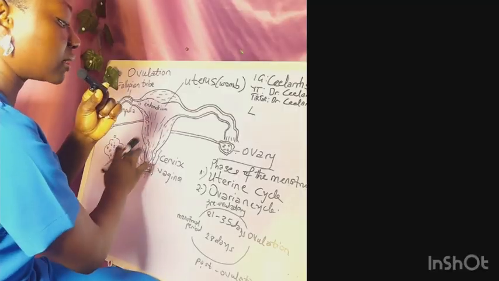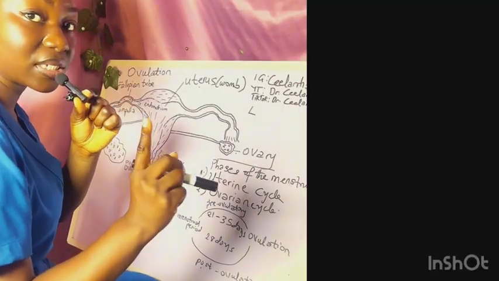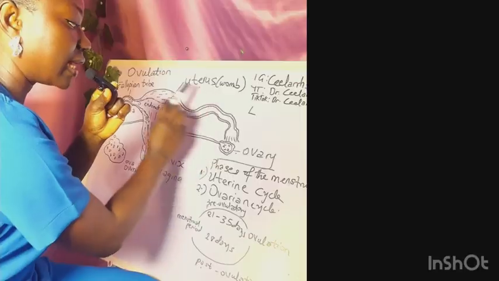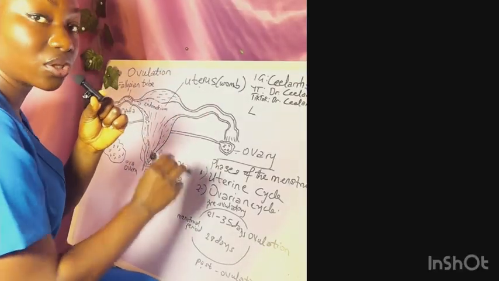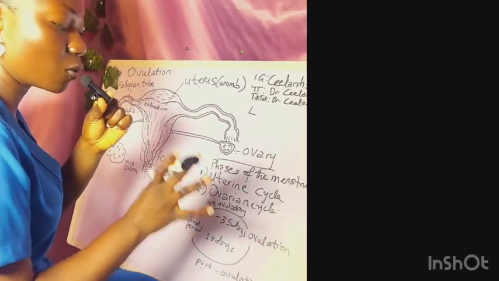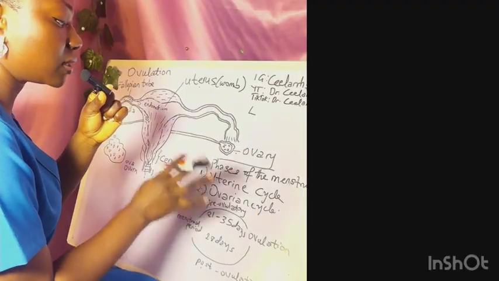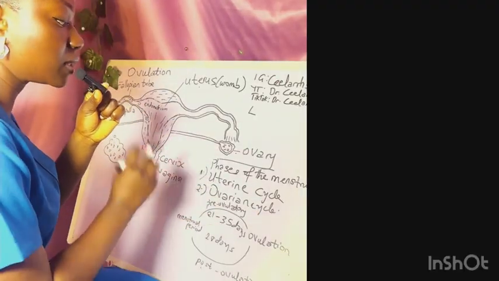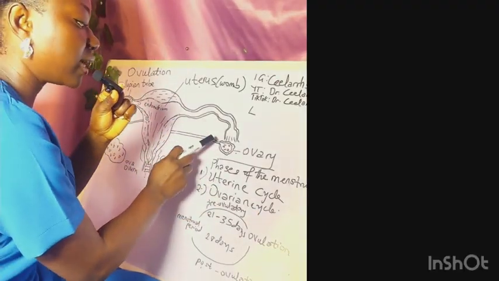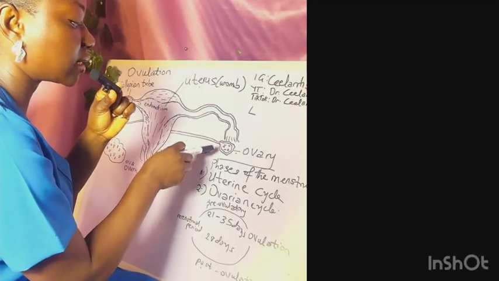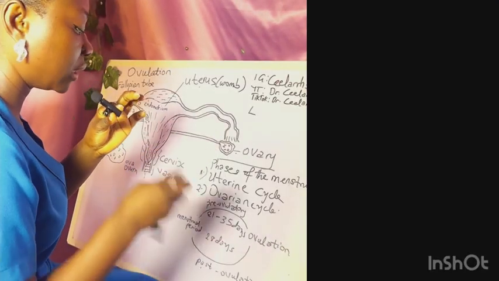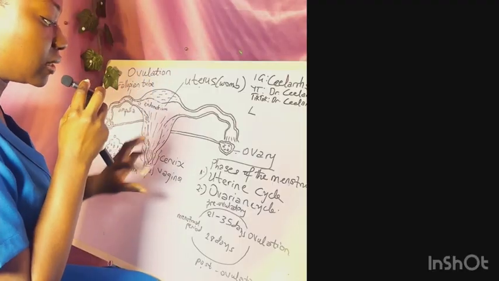So each menstrual cycle, one of the ovaries is set to release an egg for ovulation to occur. That is ideally what happens, and most times this happens alternatingly. If this month or this cycle the right ovary releases, the next cycle the left ovary may release. Okay, so that is basically it.